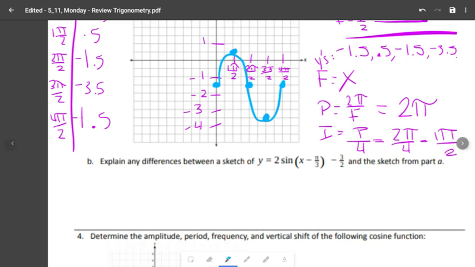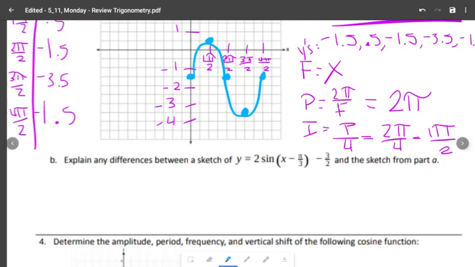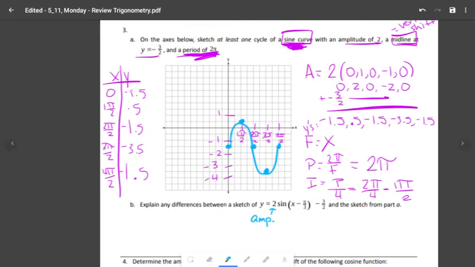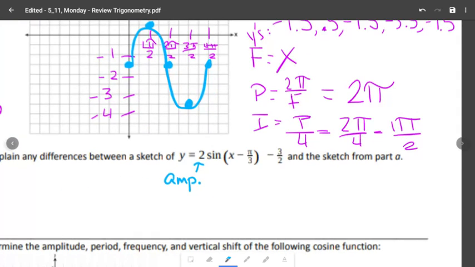Part B: explain any differences between a sketch of y equals 2 sine of x minus pi over 3 minus 3 halves and the sketch from part A. We're going down the line here. 2 is your amplitude. Same amplitude we had in part A, so that's the same. My frequency is 1 here.